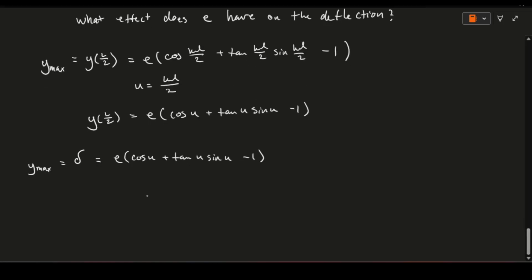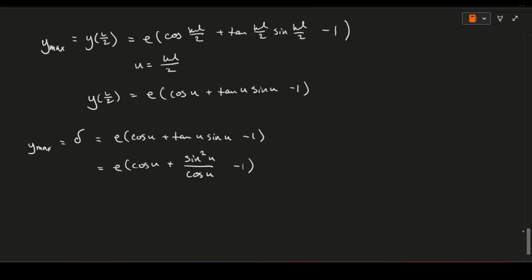Okay, this is equal to e cosine u plus, well, tangent u, that's just sine over cosine u. So we get sine squared u over cosine u minus 1. And we can put it on a common denominator by multiplying cosine up and down in the numerator and the denominator.